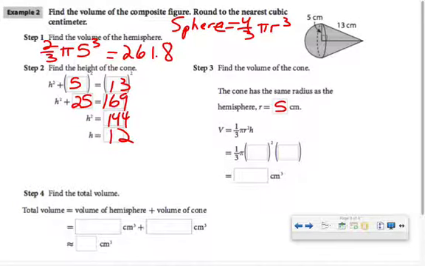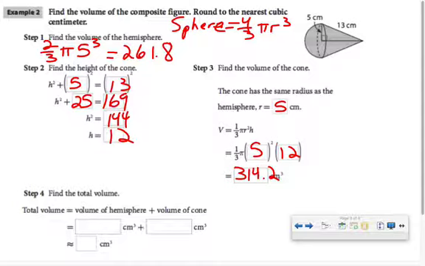So that'll be 1/3 times pi times 5 squared times my height, which we just found to be 12. And when I type that into my calculator, 5 squared times 12 times pi times 1/3 is 314.2.